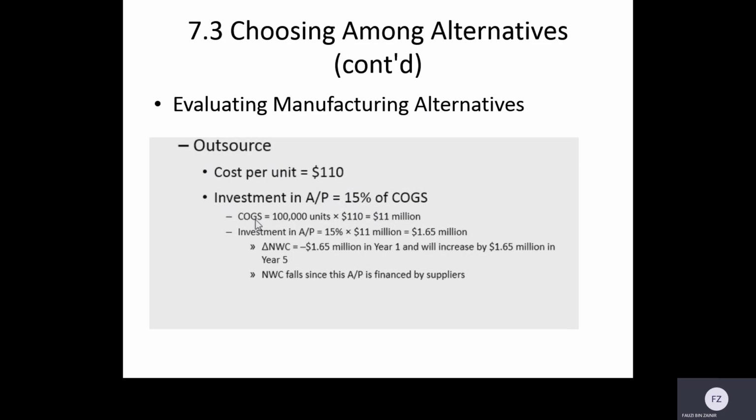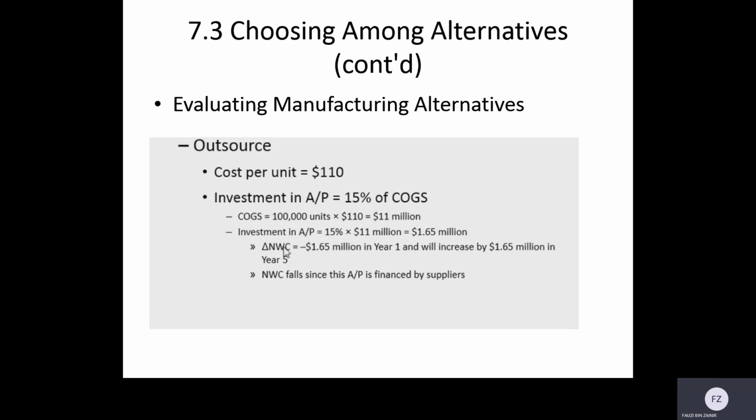So if you have 100,000 units, we calculate 100,000 times $110 per unit, so for that year, let's say year one, you have 11 million. Our investment in accounts payable is 15% times 11 million, which is 1.65 million.